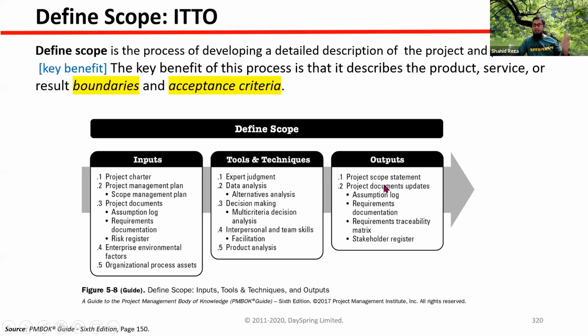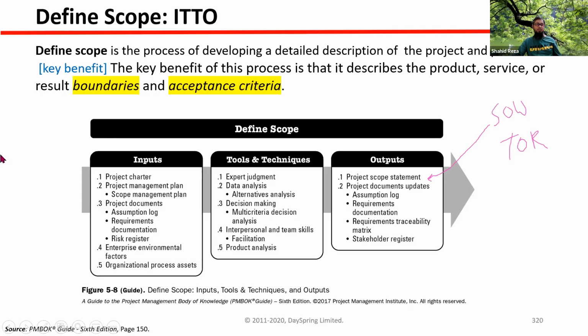That is actually the final and formalized document. In Bangladesh we use the term SOW, scope of work, or sometimes, especially in government projects, we use terms of reference. This is the project scope statement.